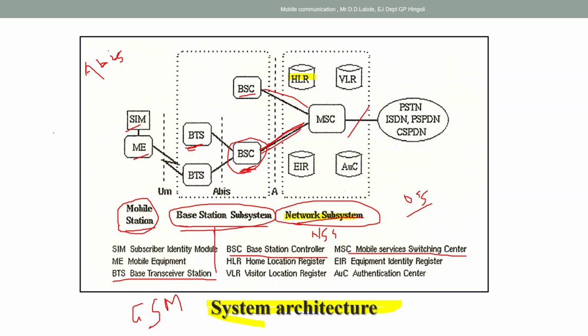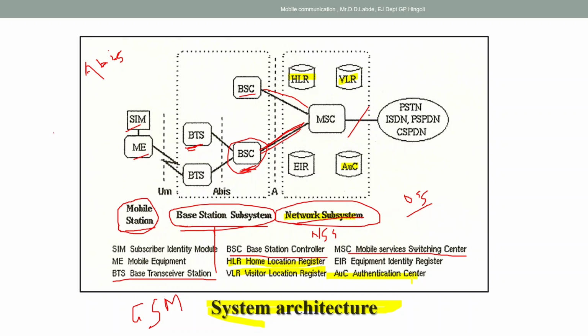HLR is the home location register. VLR is the visitor location register, and AUC is the authentication center.